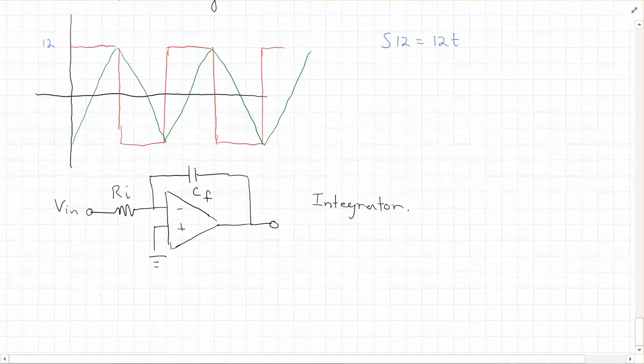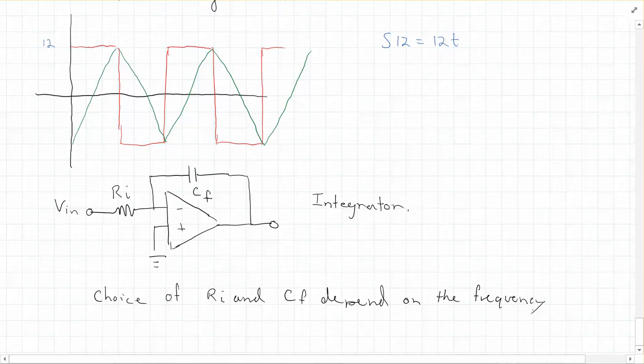Now, the choice of Ri and Cf depends on the frequency, or period if you want to think of it that way, of the square wave.